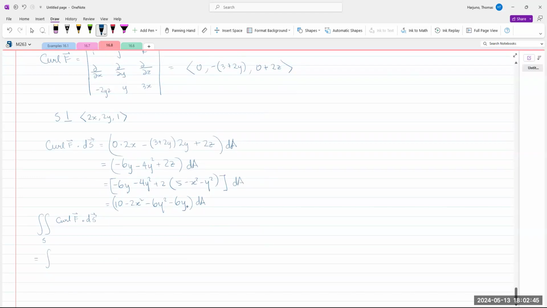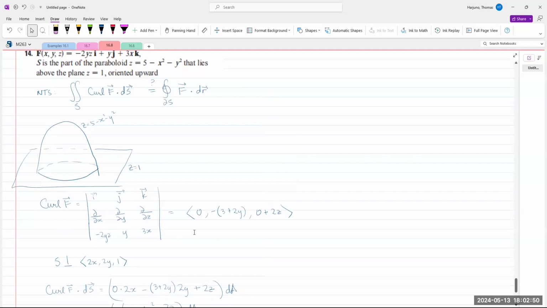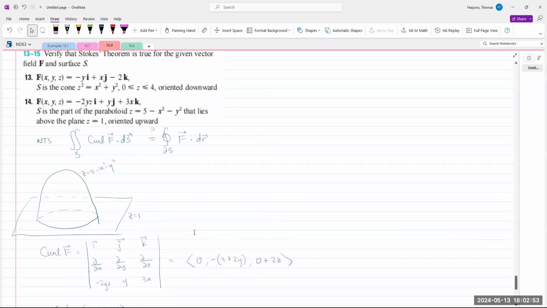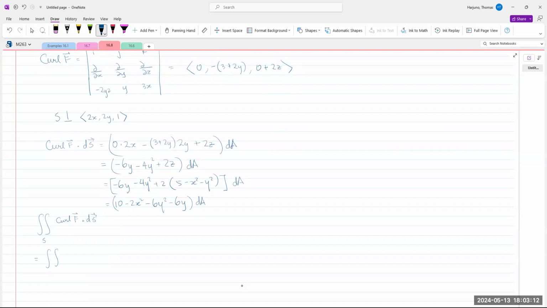That equals the integral over the domain where z equals 1, so x squared plus y squared is less than or equal to 4. So that will be the double integral over that D of 10 minus 2x squared minus 6y squared minus 6y dA.